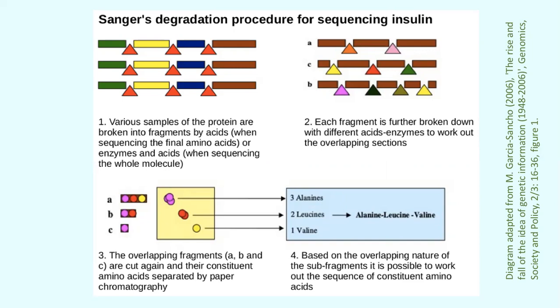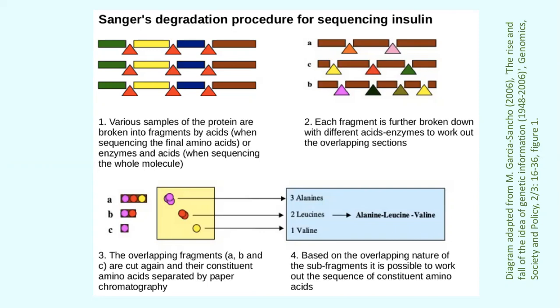But the problem with Sanger's degradation procedure is that at every step you are degrading the protein as a whole. Acid hydrolysis was the main process being done, so you needed lots of protein samples to complete the sequences, and that in itself was a great task.